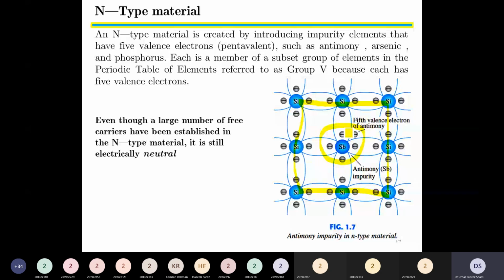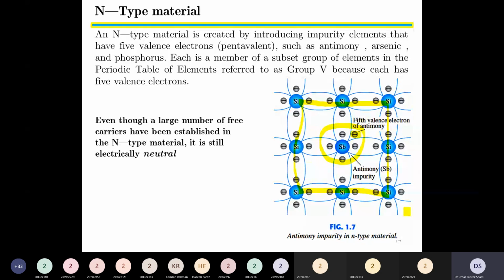However, after the covalent bonding, we must not forget that even though we have one extra electron available for conduction, the polarity on the substrate is 0. That is, it is neutrally charged. That is, the number of electrons and the number of protons are equal. Therefore, there is no charge on this extrinsic material.